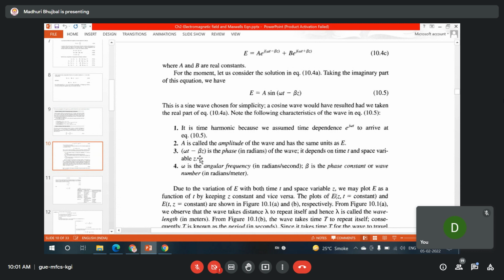So what does it depend on? Write down, this phase depends on time t. And what is the other variable here? t is the time. The other variable in omega t minus beta z is z, which is a space variable. So the phase depends on time t and space variable z. What about omega and beta? Omega and beta are constants. Write that down somewhere.